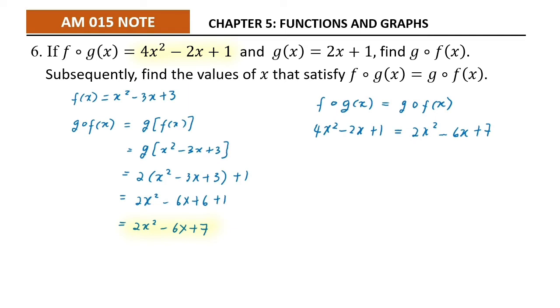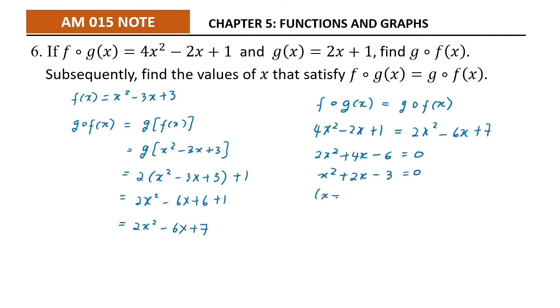Simplify the equation. 4 minus 2 is 2x squared. Negative 2x plus 6x is plus 4x, and plus 1 minus 7 is minus 6, equal to 0. Simplify: x squared plus 2x minus 3 equal to 0.